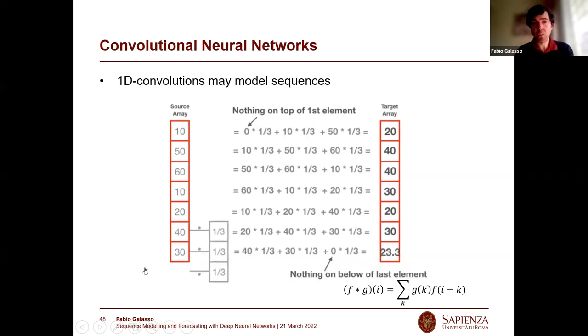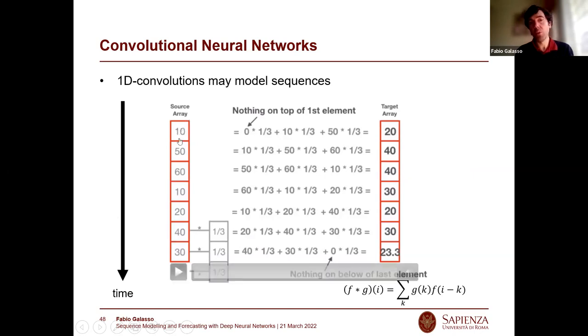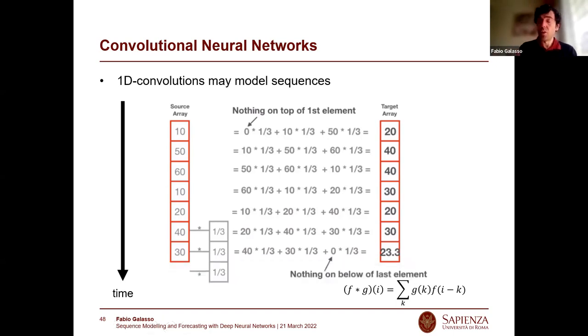You can imagine that this is time, and this is our shear stress in the past. And at each point in time, we want to predict the shear stress at some future horizon.